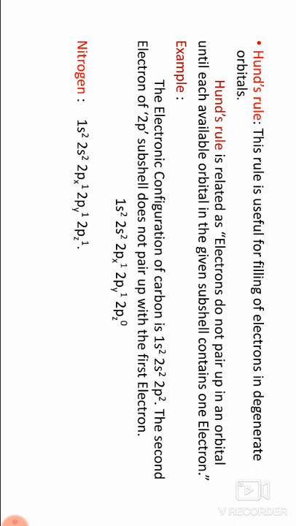Electron configuration is mainly represented by two methods. One is the nlx method, the second is the box method. In the nlx method, n represents the main energy level, l represents the sub energy level, and x represents the number of electrons in that sub energy level.